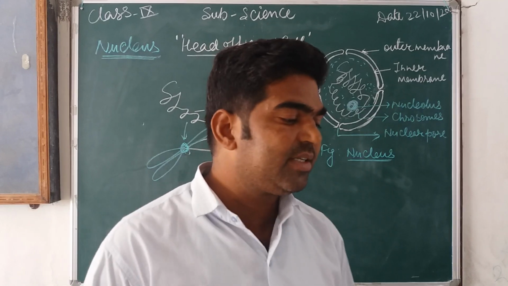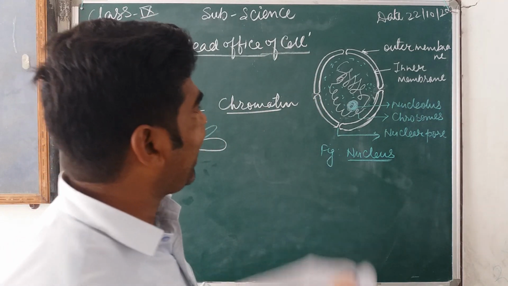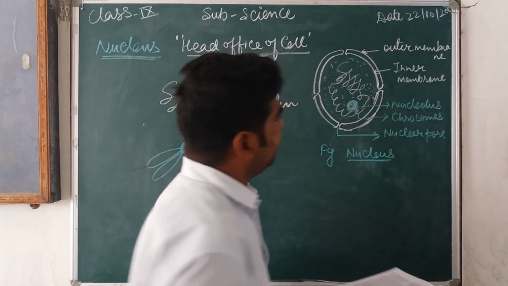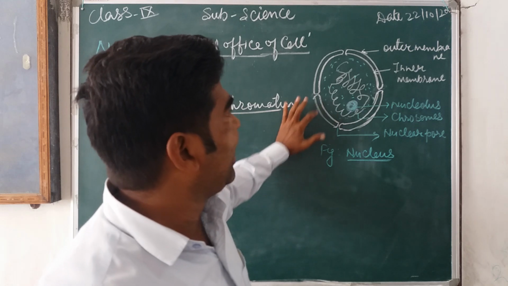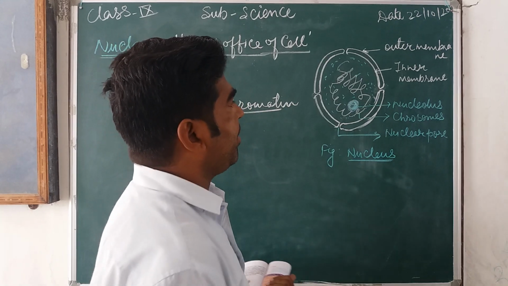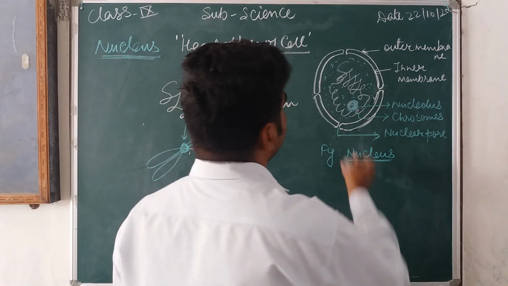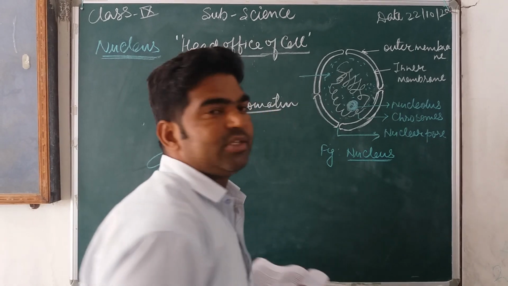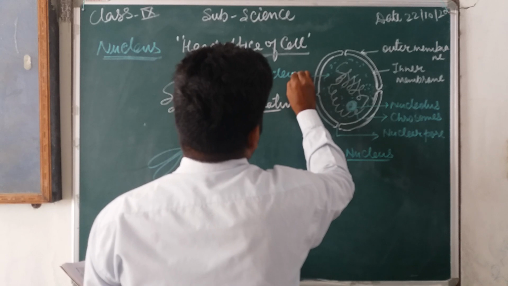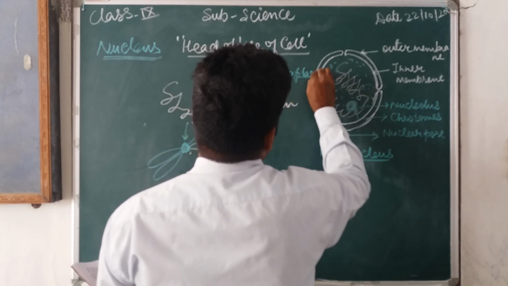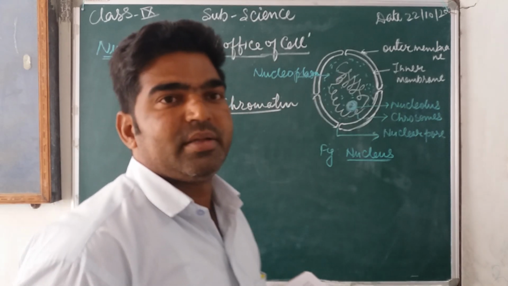Now the nucleus contains the chromosomes, visible as rod-like structures, and at the center of the nucleus you can see the black spot that is called the nucleolus, and some matrix or fluid that is filled in the nucleus. This fluid is known as the nucleoplasm.